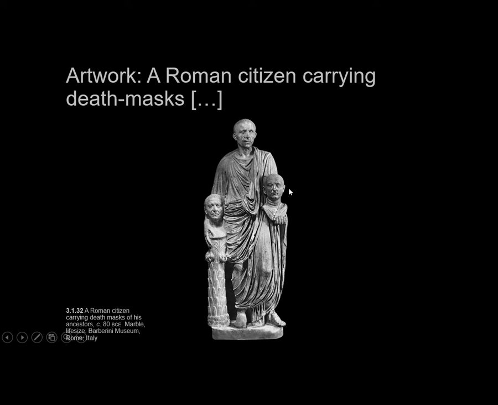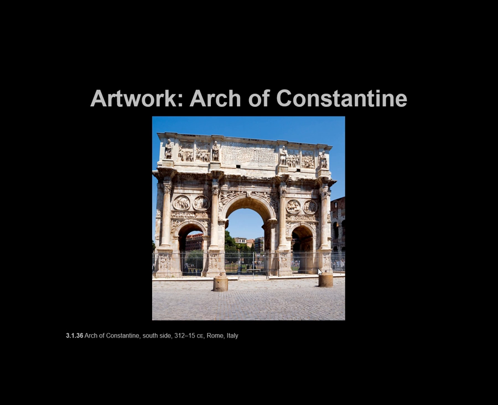These are like death masks that he's holding. All right, so you can see here that these are super realistic. These actually look more like portraits than those idealized faces of the Greeks. But you can see they learned all the lessons from the contrapposto that the Greeks gave them.